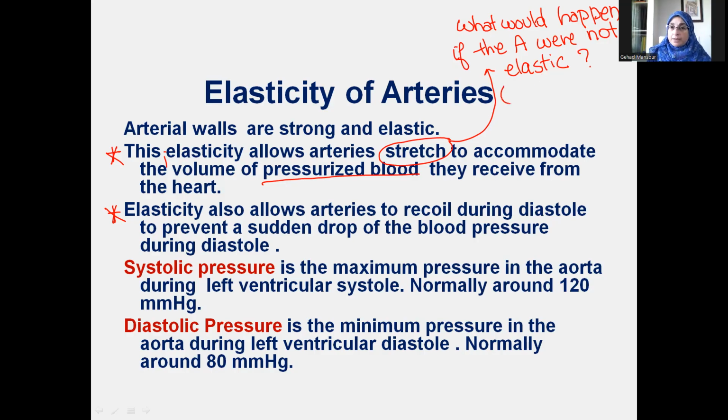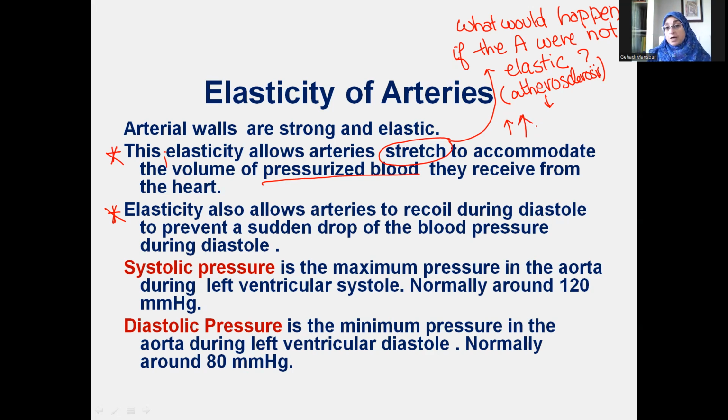For example, if you have stiffness of the wall of the blood vessels because of cholesterol deposits and atherosclerosis, what would happen is that every time you pump a certain volume of blood, the artery cannot expand, the artery cannot accommodate the blood, it is stiff, it stays in its place, and therefore the volume of blood generates more pressure because it finds itself enclosed in a very tight, rigid and non-flexible wall.